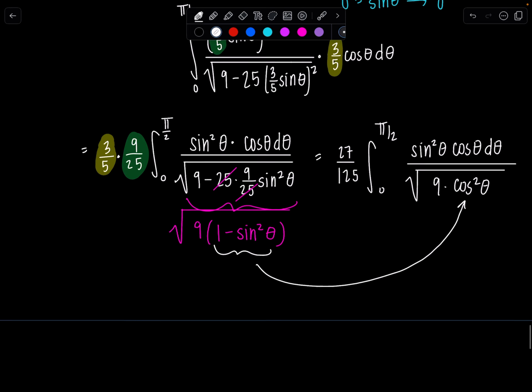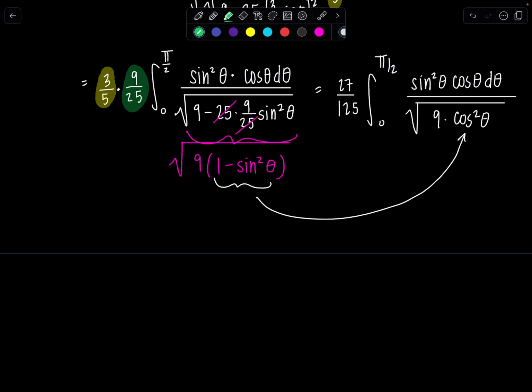Okay, fabulous. Now this 9, square root of 9, I can take it outside and it's going to become a 1/3, right? Since it's in the denominator.